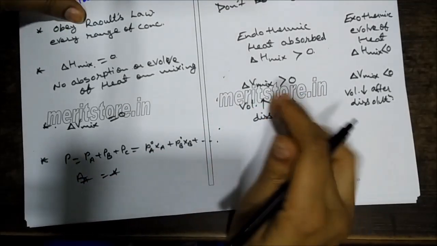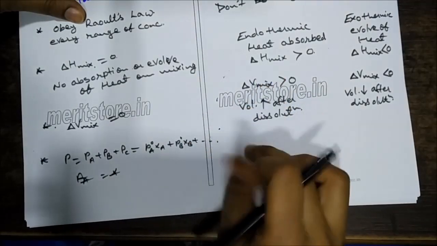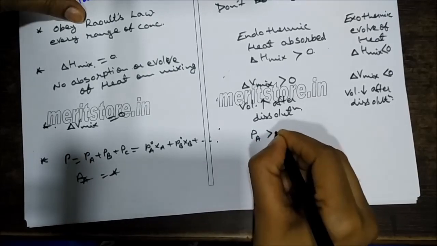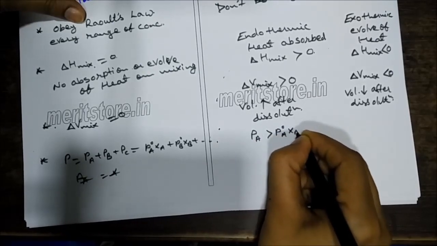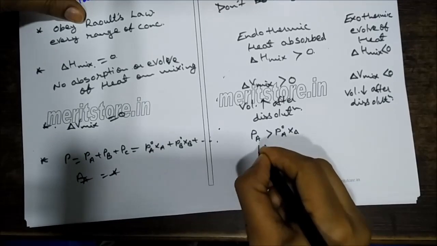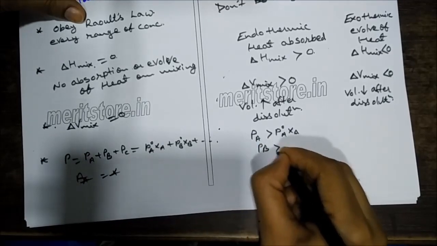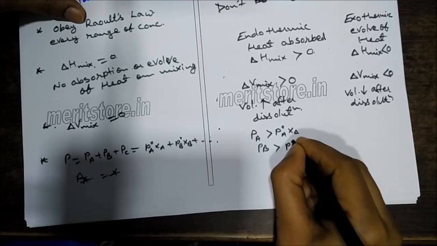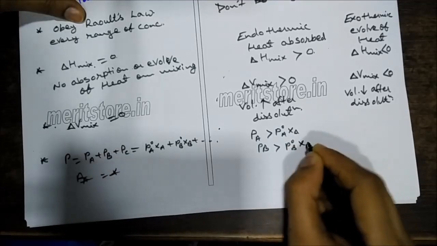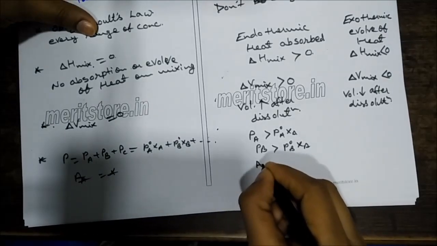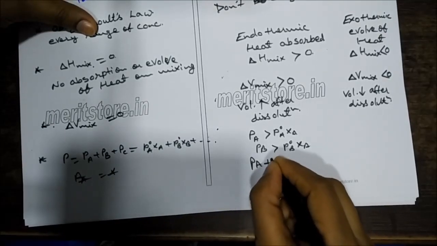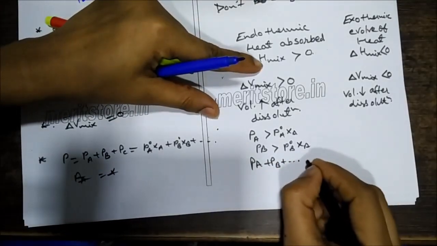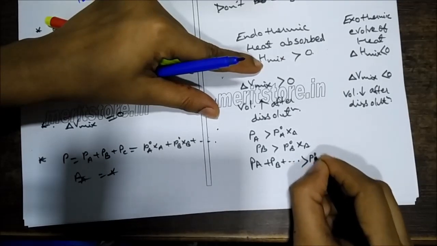But in solutions having positive deviation from ideal, PA will be greater than P naught A XA, and PB, means for all the components, it will be greater than in its pure state, or we can write that PA plus PB and so on will be greater than in its pure state.